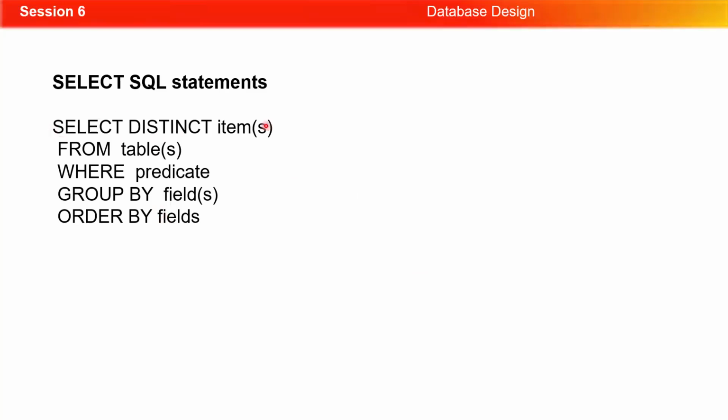If we look here at the select statements, again, we can see select items. So these will be the columns. You can pass other items besides columns, but for right now, we'll say we're selecting table columns. We can select all of the columns. We can select just some of the columns.